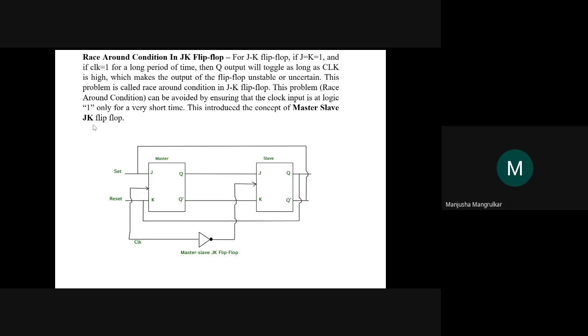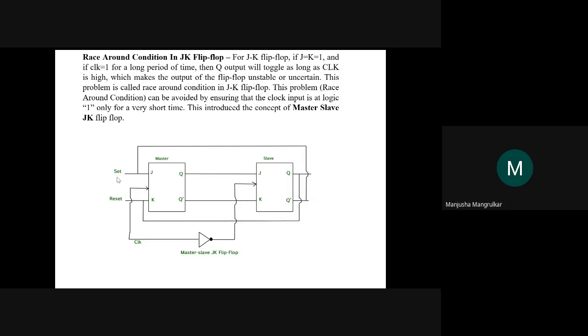Master means the first controlling part, and slave means that part depends upon the master, right? So there are two flip-flops in the JK. This is the master and this is the slave. The clock is given to the master, and the reverse clock is given to the slave. The master will get the clock and the slave will get the reverse clock of the master.